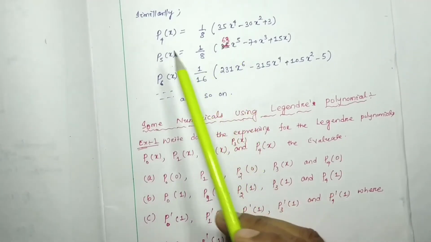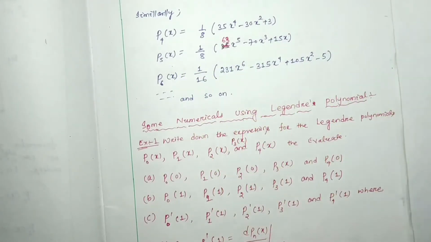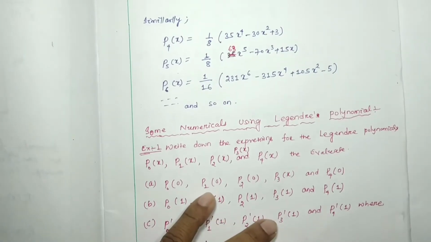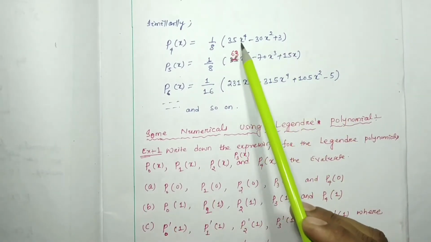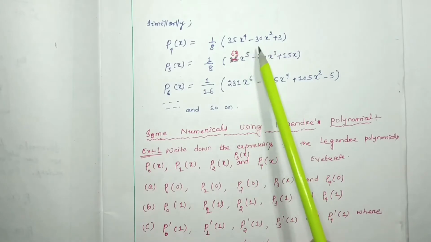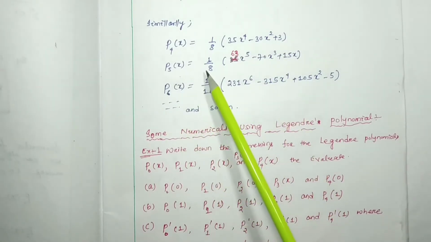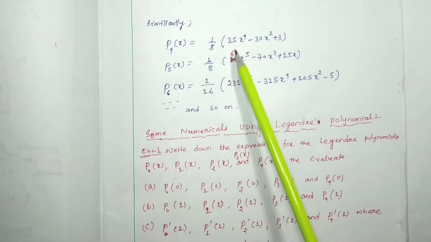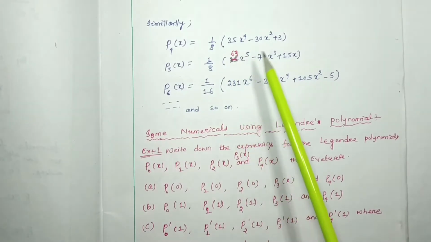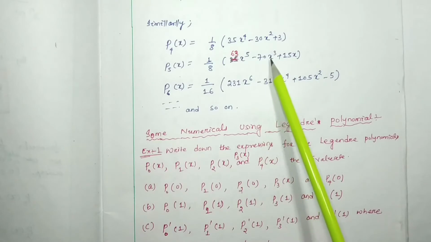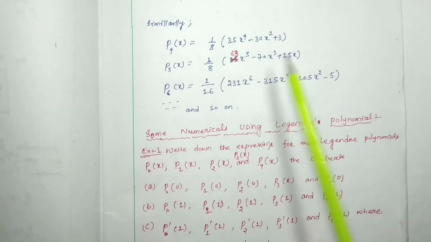Similarly, you can find P4(x) will be equal to 1 by 8 (35x to the power 4 minus 30x square plus 3), and P5(x) you can find 1 by 8, this is (63x to the power 5 minus 70x cube plus 15x).